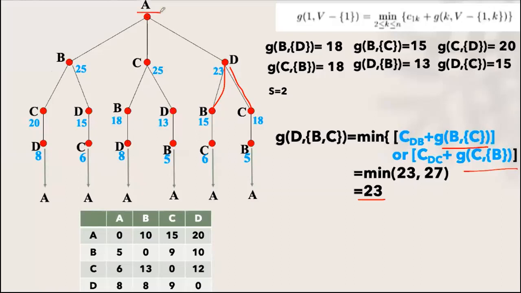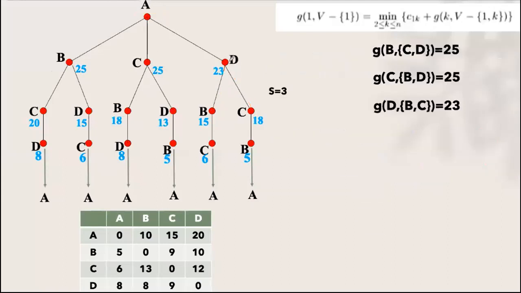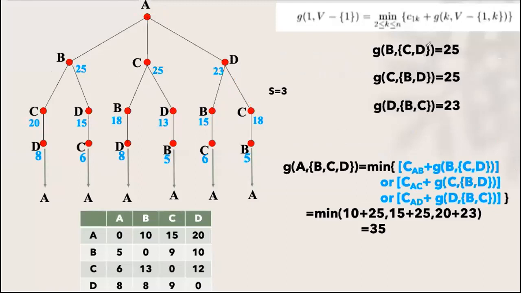When we come to the final vertex, either you have to take this path or this one, whichever is minimum. So in the previous calculation, we got these three values: 25, 25 and 23. Now with respect to A, we have to calculate. This is the final formula.